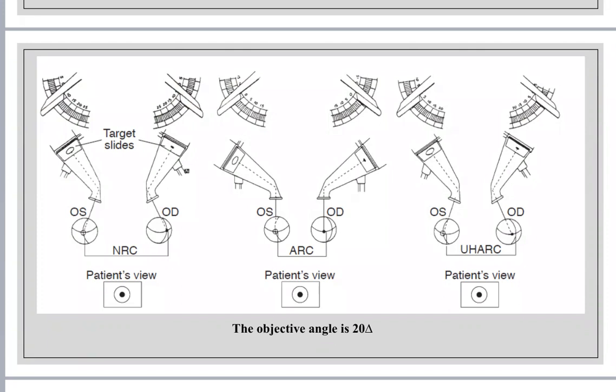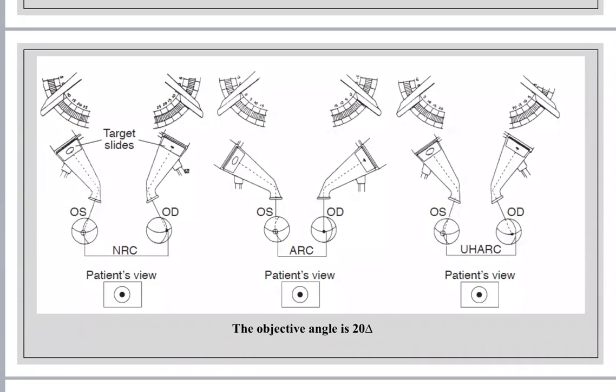If the patient is adjusting here, his subjective angle is 0. This means that the patient has abnormal or anomalous retinal correspondence, which is sufficient enough to correct for the diplopia. This patient is seeing binocular single vision without adjusting anything.